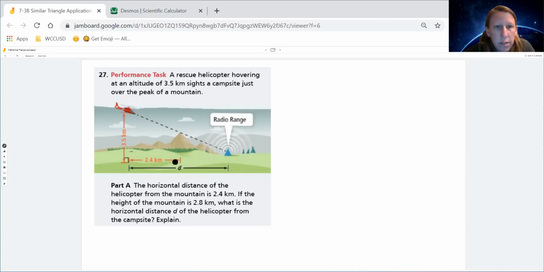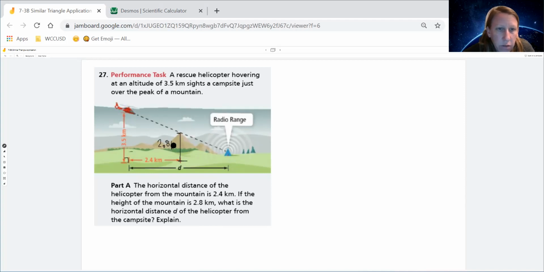So it knows how far it is away from the mountain, and it knows its altitude above the ground. If the height of the mountain is 2.8 kilometers, which I'm going to draw right here, what is the horizontal distance of the helicopter from the campsite?